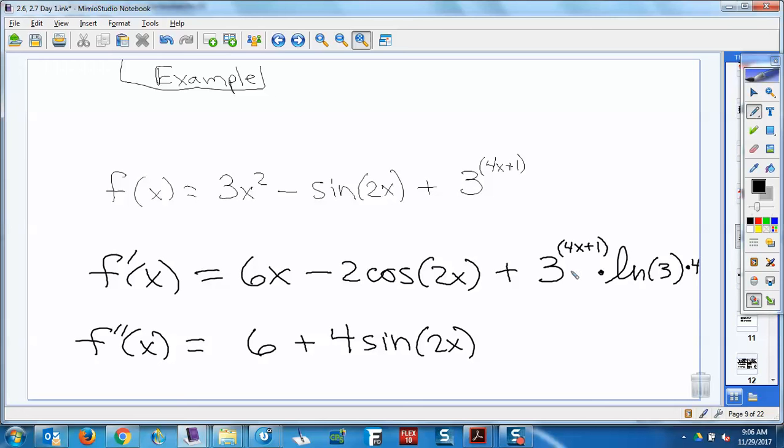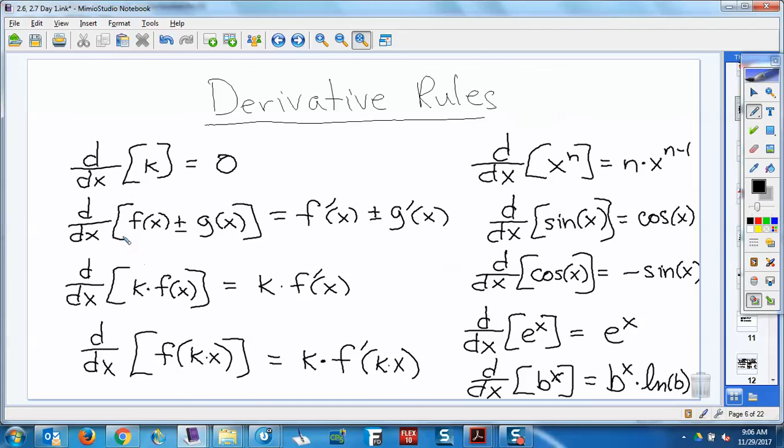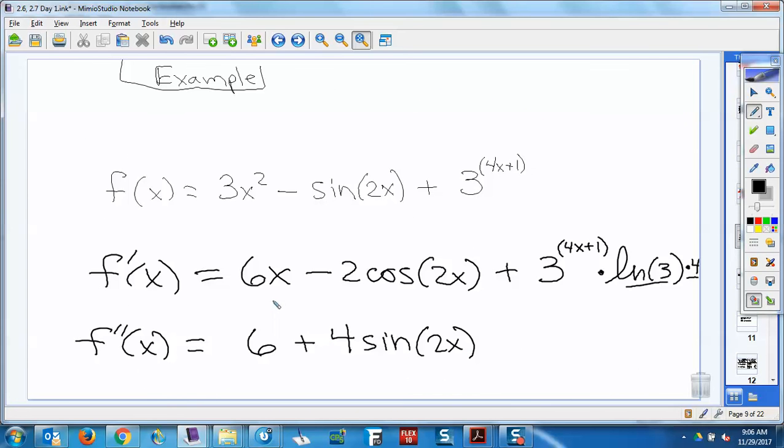Okay? What about this? Now, again, this looks like a mess, but remember, these are just numbers. 4 and ln 3 are just numbers. When you have a number times a function, the number just hangs out there while you do the derivative. So the ln 3 and the 4, I'm going to bring those around front. They just hang out there.